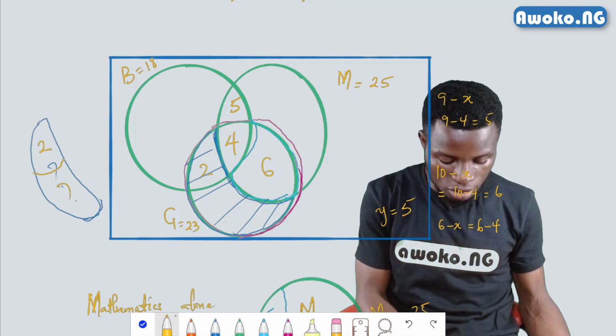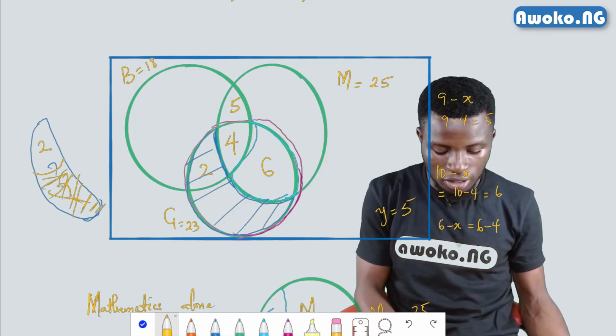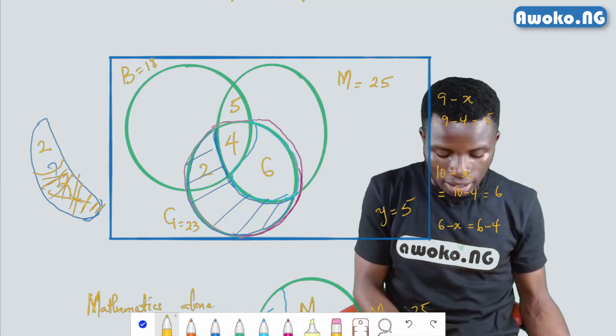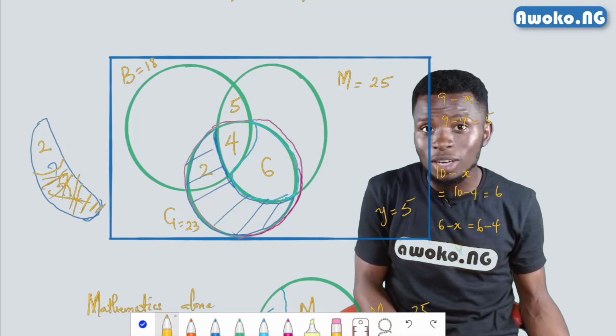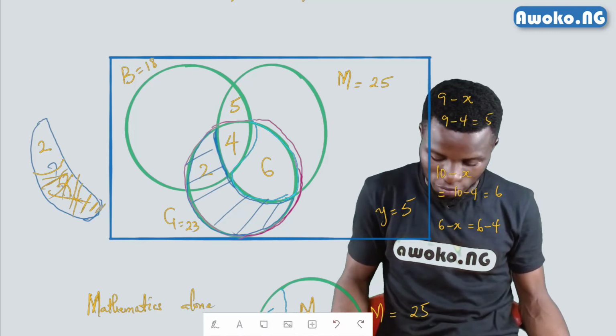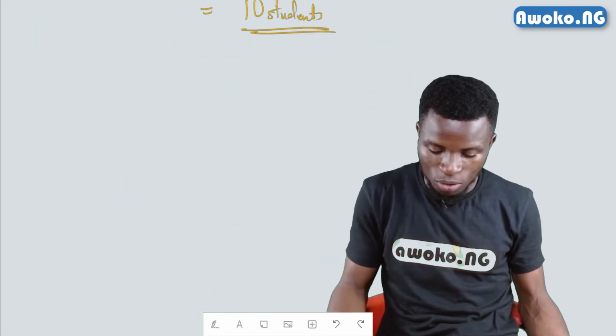We only have that this is 2. We don't know what this part is. So that is our first aim. And this part can be solved from the total number of students offering government. So let us do that first before we solve for what we're actually looking for.